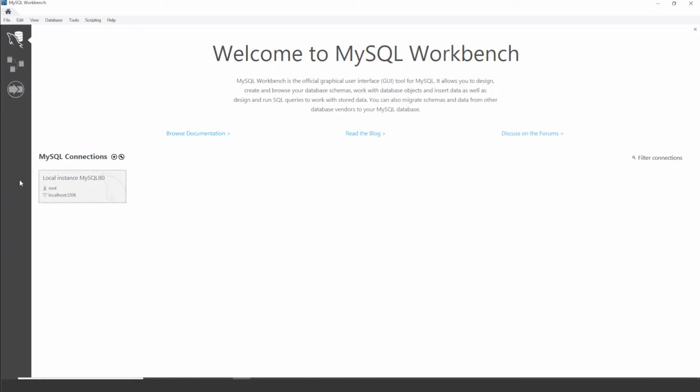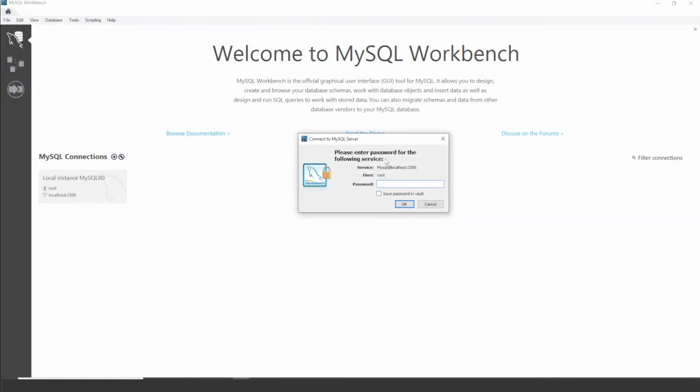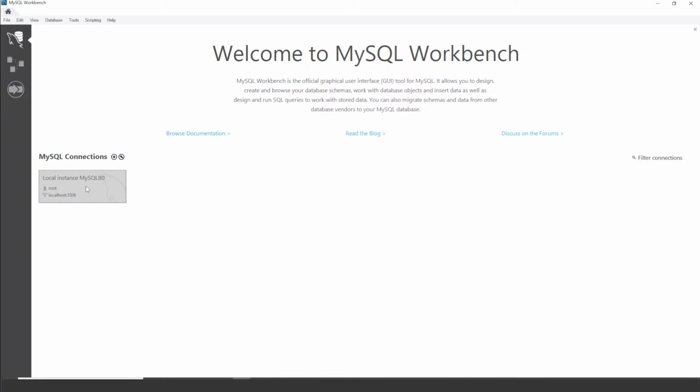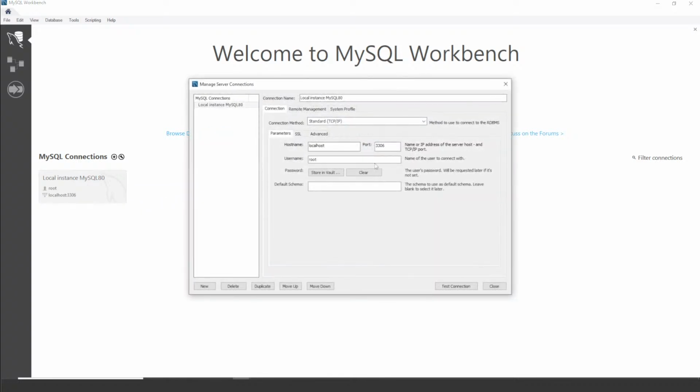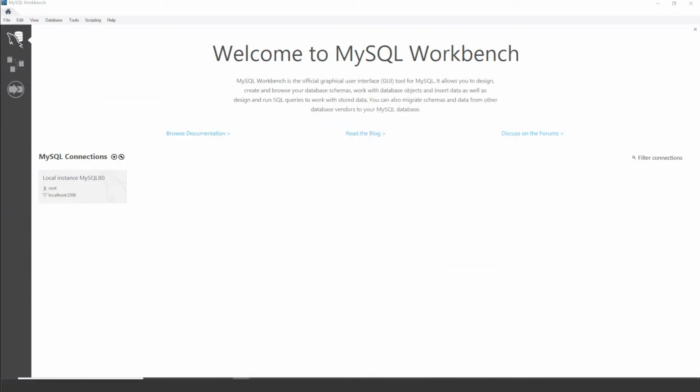I think the problem might be the user I'm working with here, because it's using my root user instead of the other user that I worked with. Okay, that's not right.